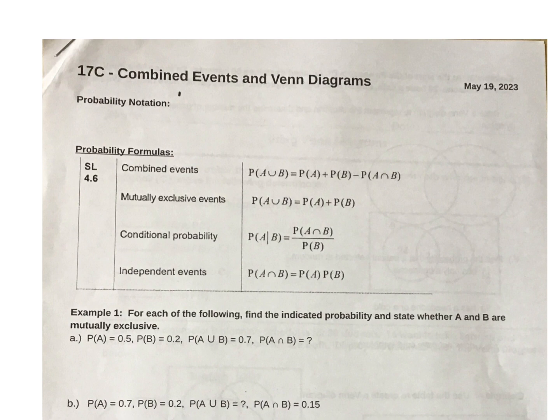So I first want to talk about what is called a union. It's this symbol that looks like a U, but it's not. Let's draw a Venn diagram to illustrate it.